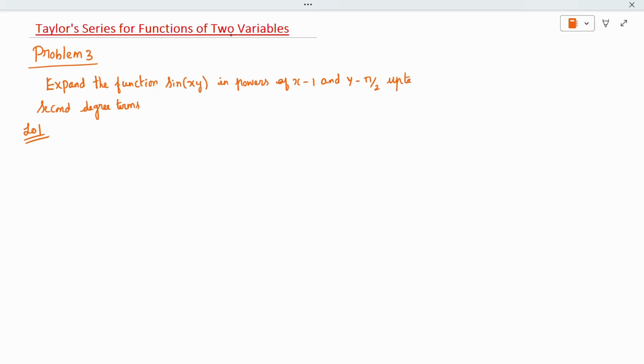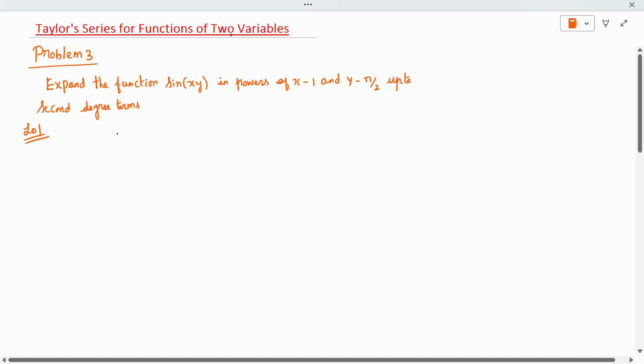So how do I write it? f of x comma y is sin xy. From the given question, a equal to 1, b equal to pi by 2. So at 1 comma pi by 2 we have to calculate: sin of 1 into pi by 2, which is sin pi by 2.